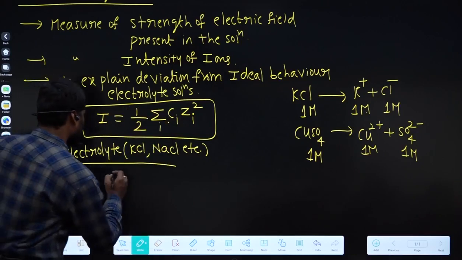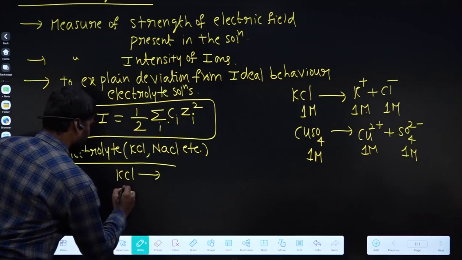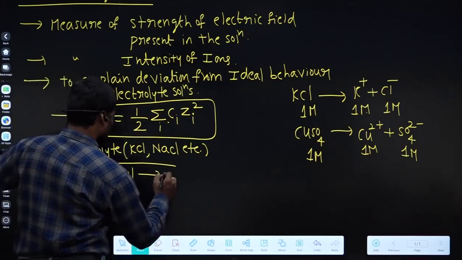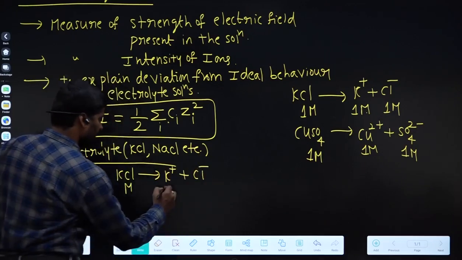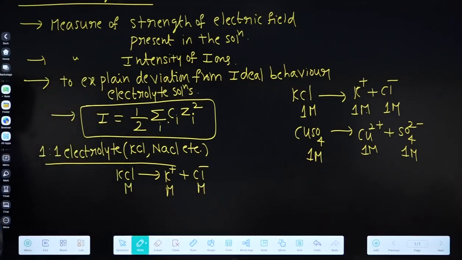If you see, for example, concentration of KCl is m, and then what is the concentration of K plus ions and Cl minus ions? Concentration of K plus ions is also m, concentration of Cl minus ions also m.